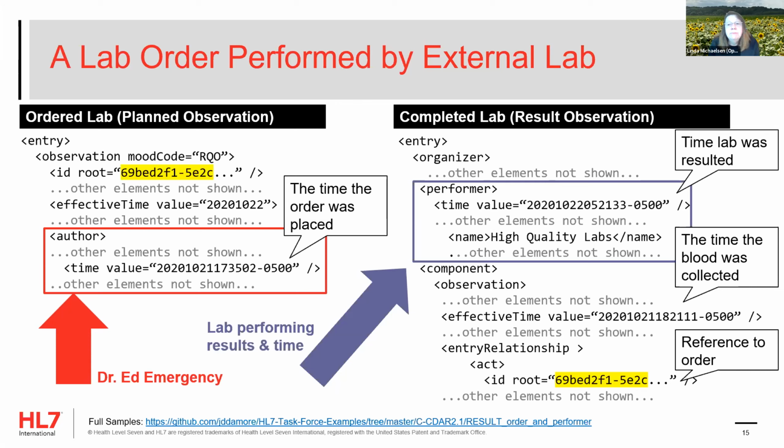My question was on the same slide, if I could ask it while you're here. Go ahead. I was concerned about the fact that it's V2 to CDA, but in V2 you can actually have a resulted time for every observation. And then the OBR, I think, is the last updated, if I remember correctly.